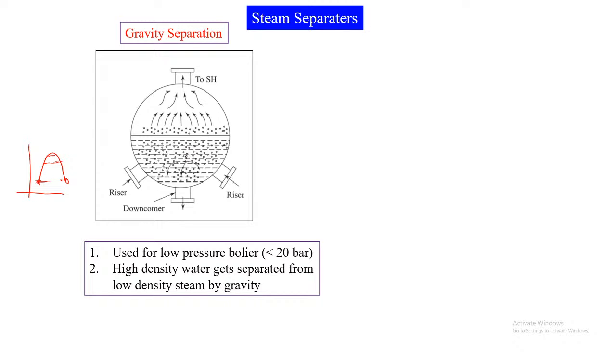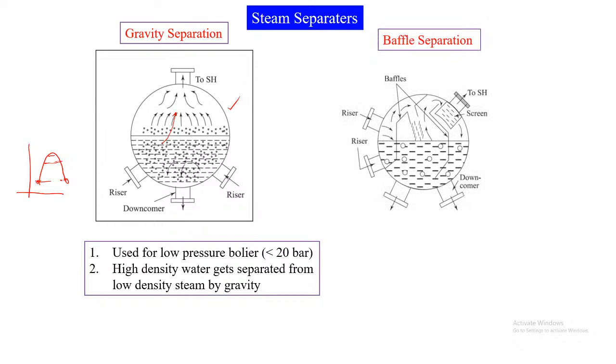The steam vapor plus liquid bubbles will try to go up, but the water droplets have higher density, so they will settle down. Accordingly this steam separator would automatically work. Then we have baffle separation, which is a mechanical separator. Basically we will have a water plus vapor mixture in the boiler, and it will try to go towards the outlet.